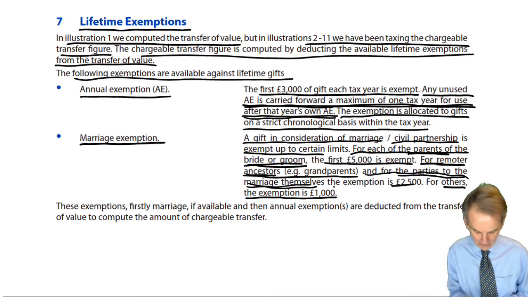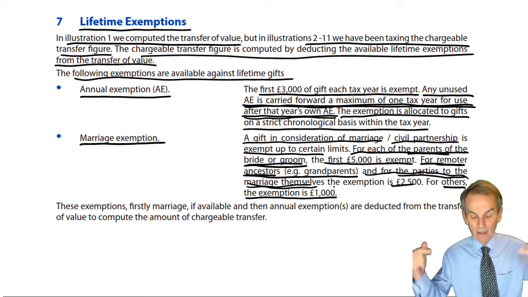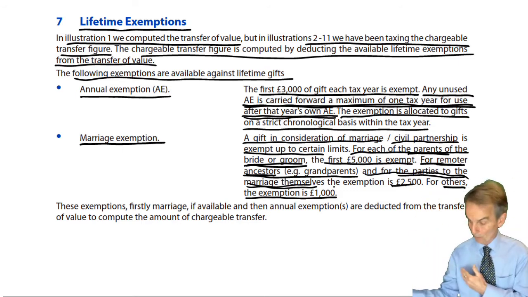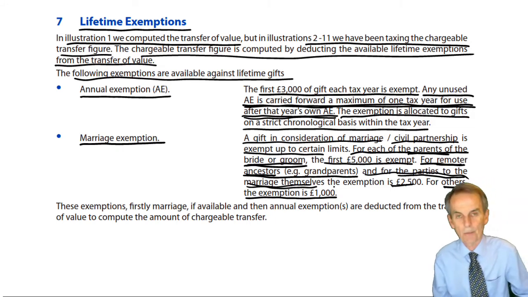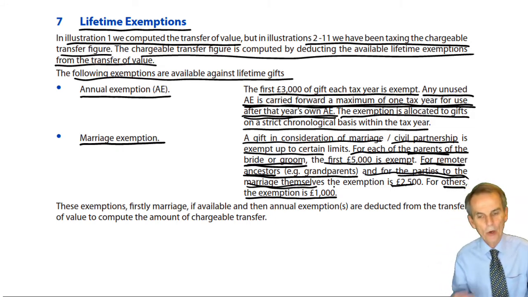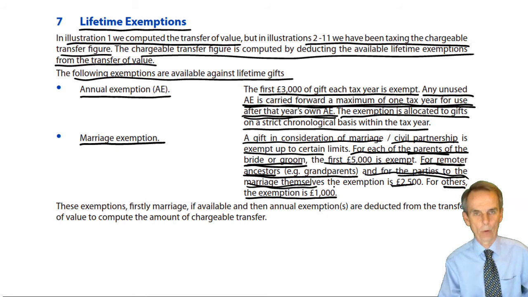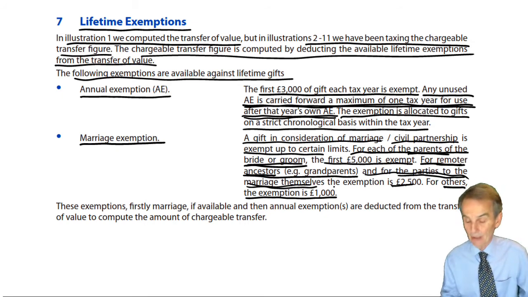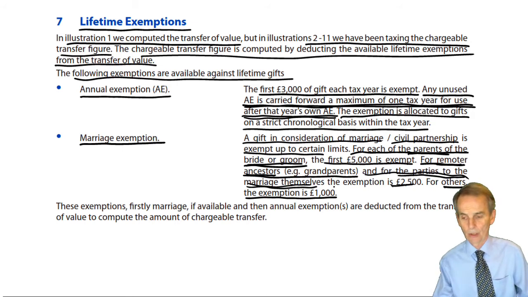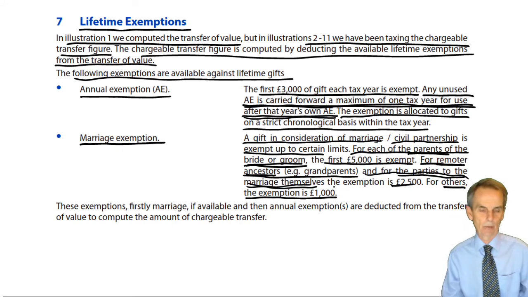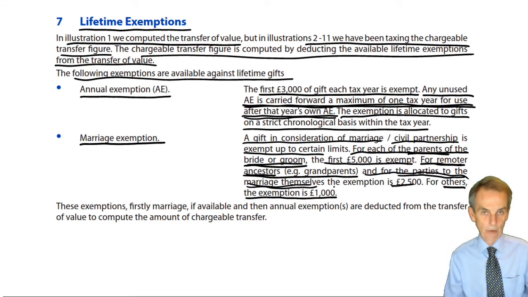But those figures of 2.5, be it the remoter ancestors, or the spouses or civil partners themselves, we're talking about something happening before the marriage, on occasion of that marriage. After they are married, then of course spouses or civil partners can make any amount of transfer between themselves, and all such transfers will be exempt.